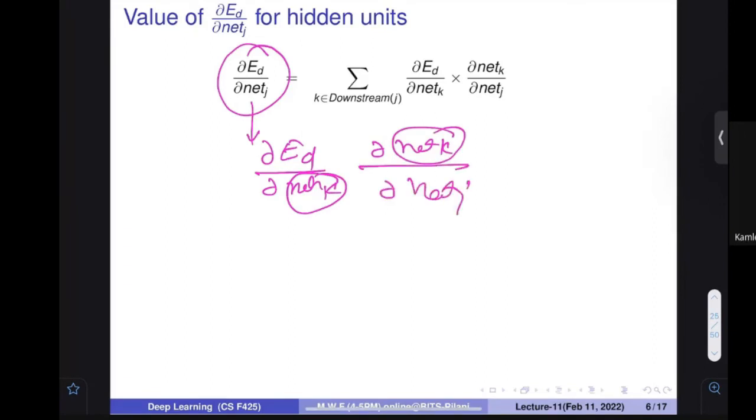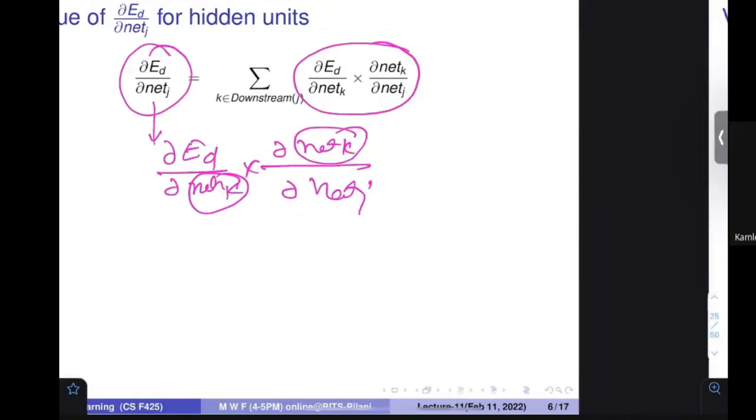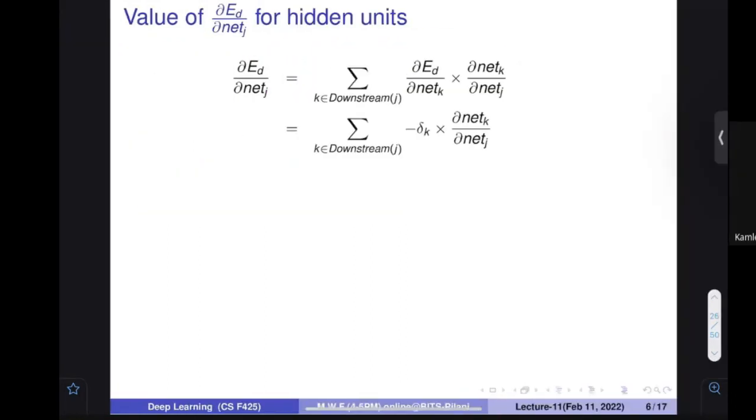You can apply the chain rule once again. Any problem in this? This is the same thing, where you apply the chain rule. If you apply it, this particular quantity comes, which is with respect to the output layer, del E upon del net k, the same kind of equation that we had with respect to the output layer.